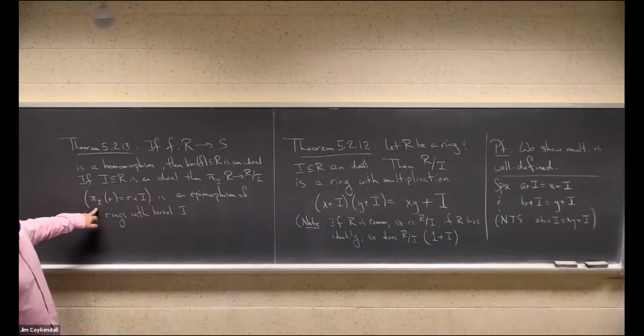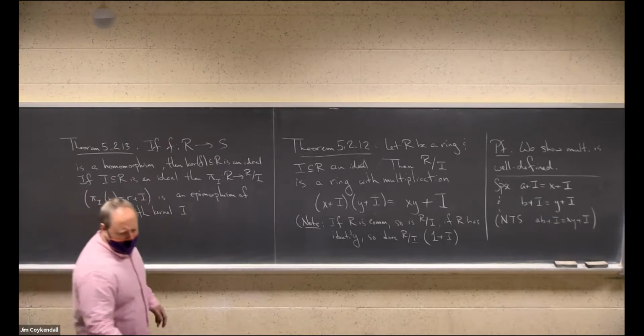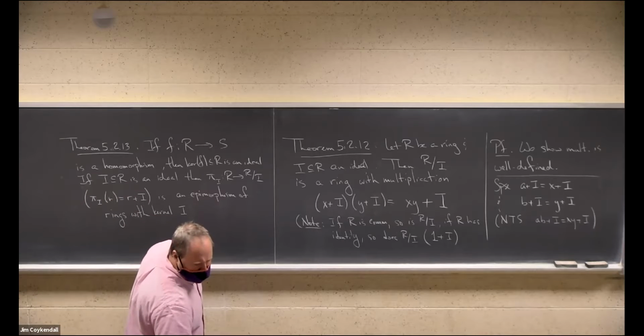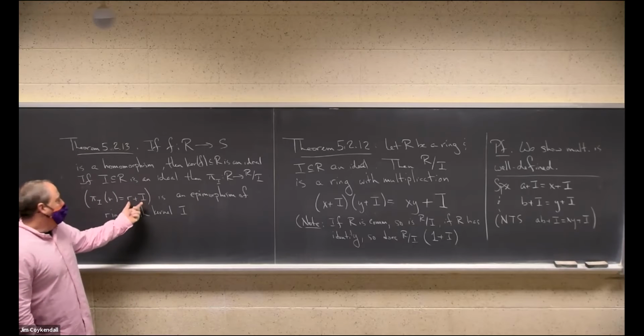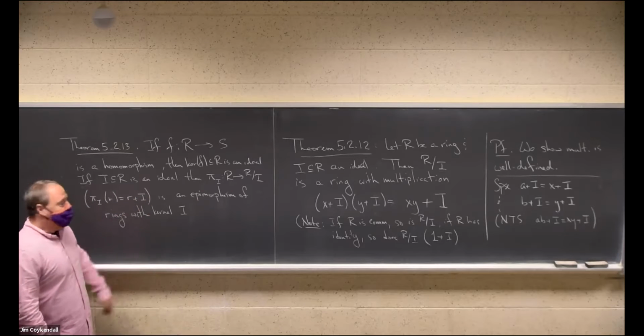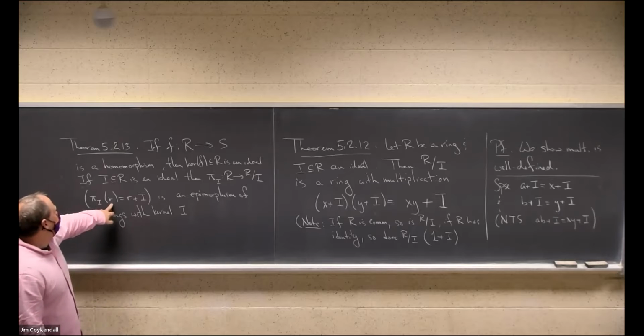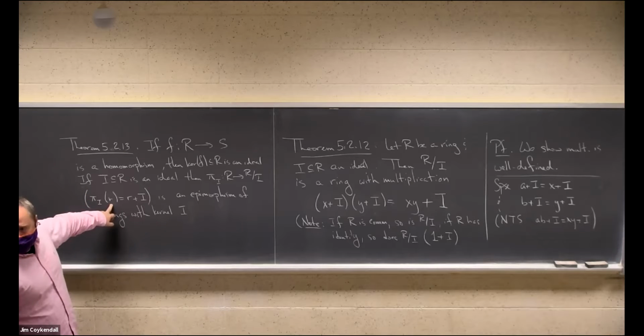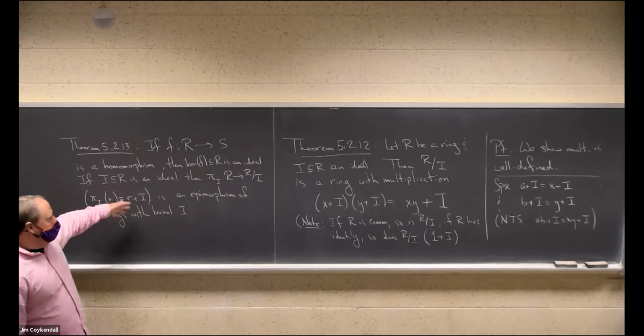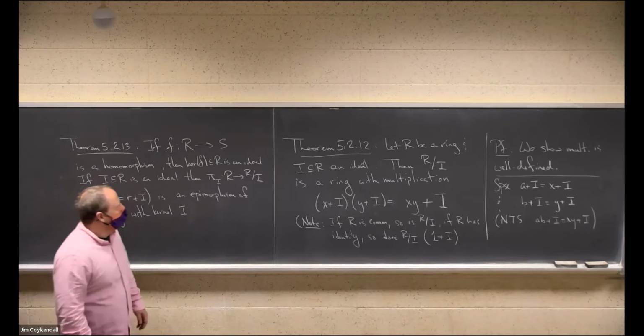Let me point out, of course, that this homomorphism is clearly onto, right? Because an arbitrary element of R mod I is of this form, R goes to it, so it's onto. It's easy to check if this is a homomorphism. It is, we already know, a group homomorphism. So all you need is the fact that multiplication works.